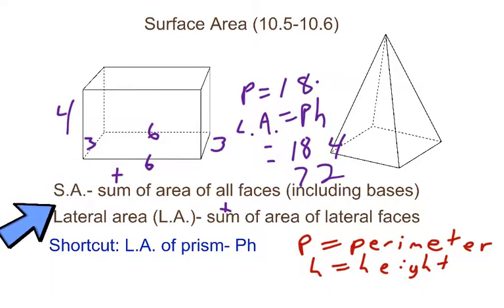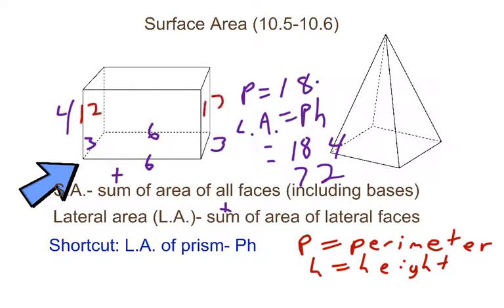Now to do it the longer way, we could just find the area of this rectangle, which is a 4 by 3. So that would be 12. And then the other side is going to be 12, because it's 4 high and 3 long. And then this front face, it's 4 high and 6 long, so 4 times 6 gives us 24.